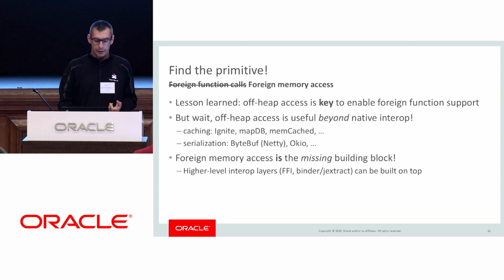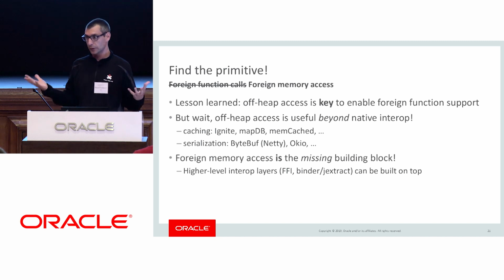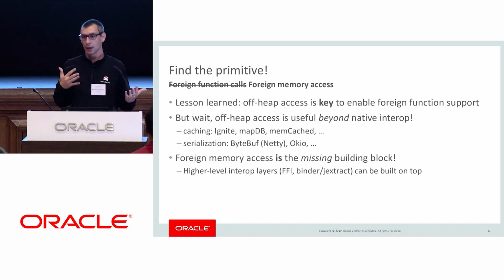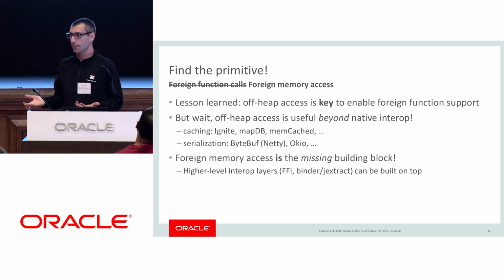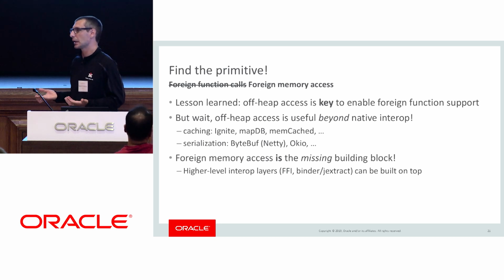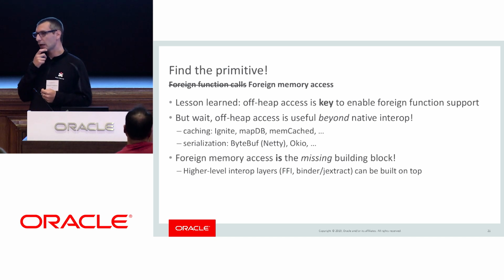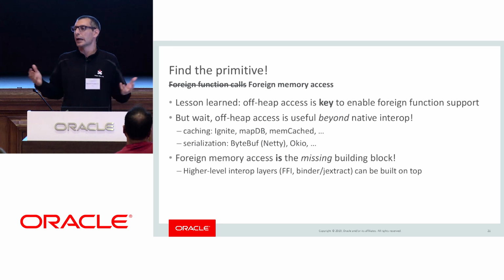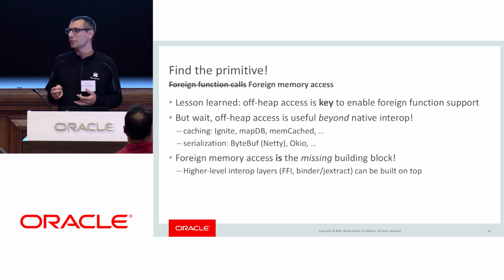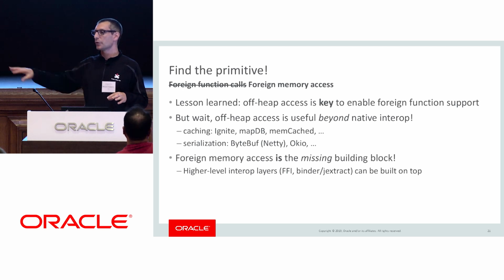So what we learn is that in order to do native calls, we need some way to move data in and out of functions. So maybe moving data is the missing primitive that we were looking for. And that was kind of a happy thought, because after we realized this, we started to think, well, actually, there are a lot of other interesting use cases that couldn't care less about calling native functions. They only care about maybe serializing some object graph off heap for caching or other purposes.